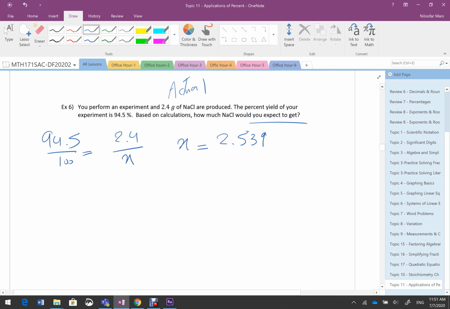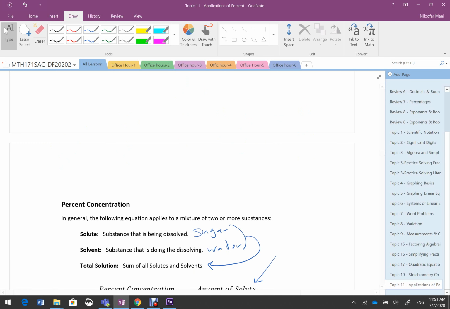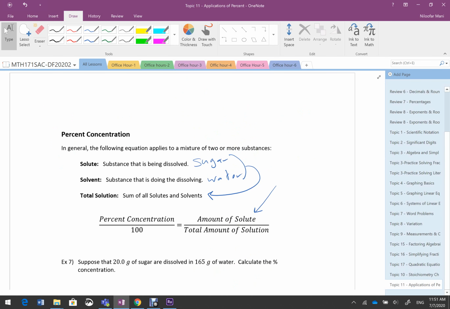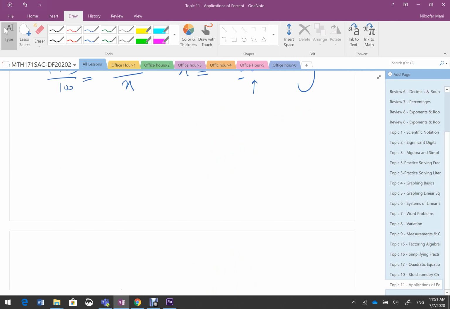Here I go to two significant digits, so it is almost 2.5 gram. I expect to have 2.5 gram, but I have 2.4 gram. So we can work with the formula to find different things.